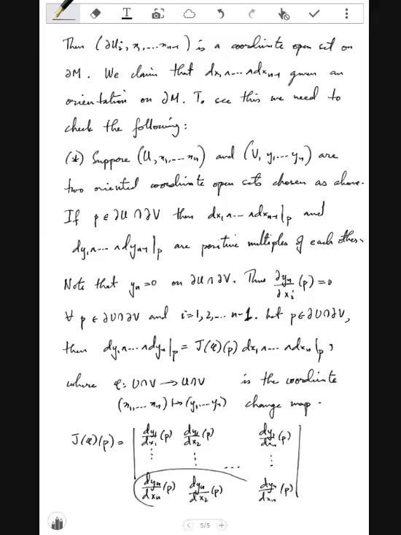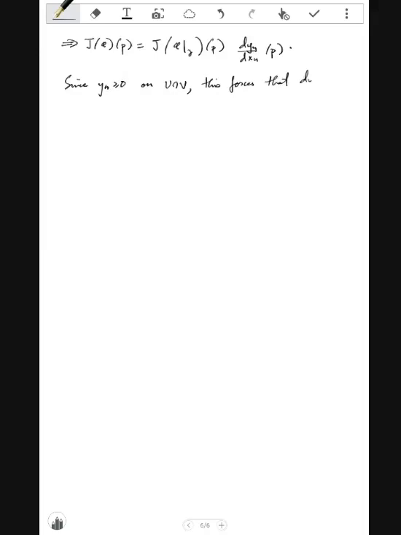So we have already seen that all these terms are 0. So what this shows is that J phi at P is equal to J of phi restricted to the boundary at P times dyn by dxn at P. So since yn is greater than or equal to 0 on U intersection V, this forces that dyn by dxn at P is positive.